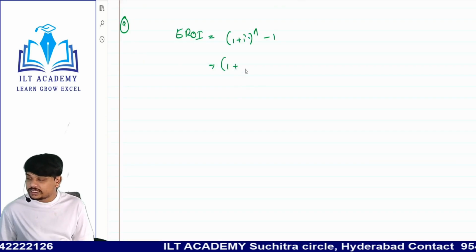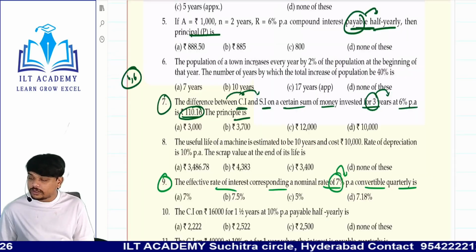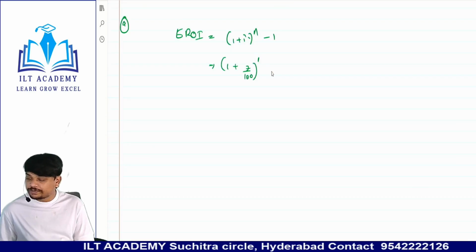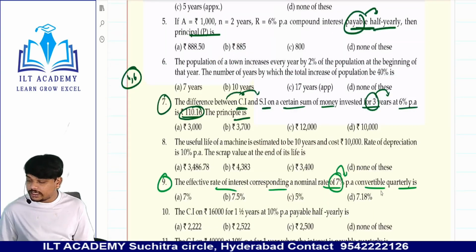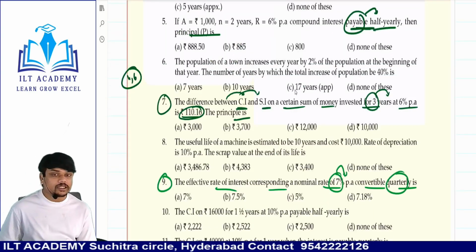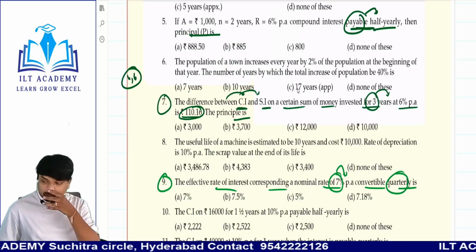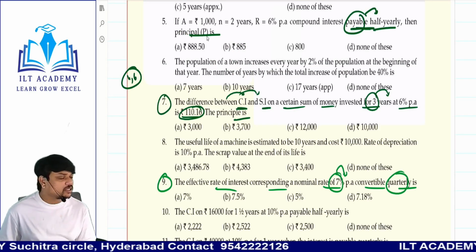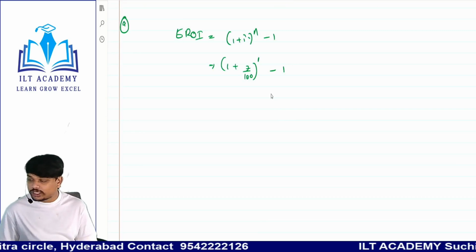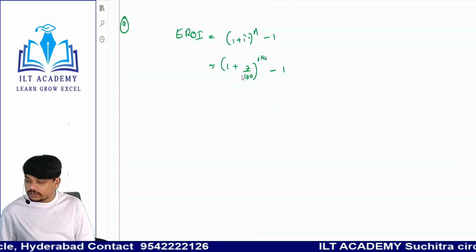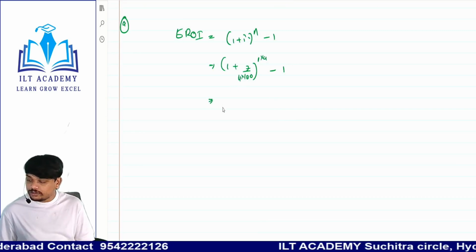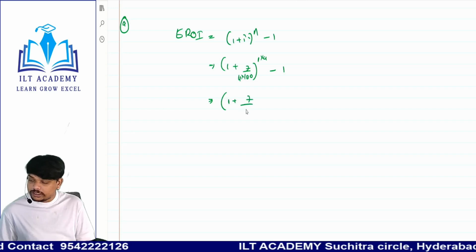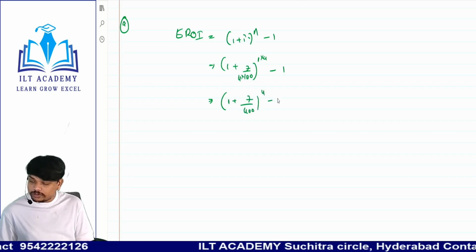So 1 plus I is 7 by 100, whole power n is always for 1 year, minus 1. And they are telling compounded quarterly. Once it is compounded quarterly, how many times will it be compounded in a year? 4 times. So 1 plus 7 by 400 whole power 4 minus 1.